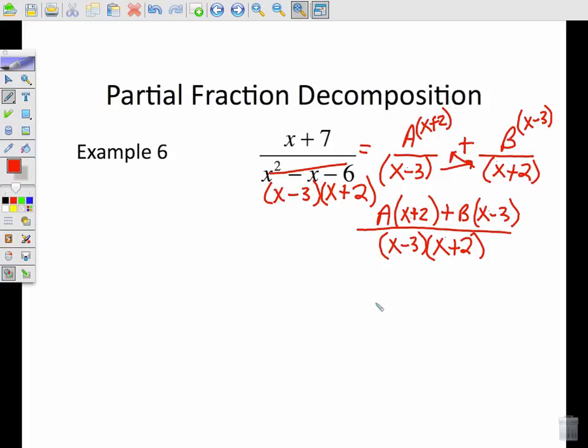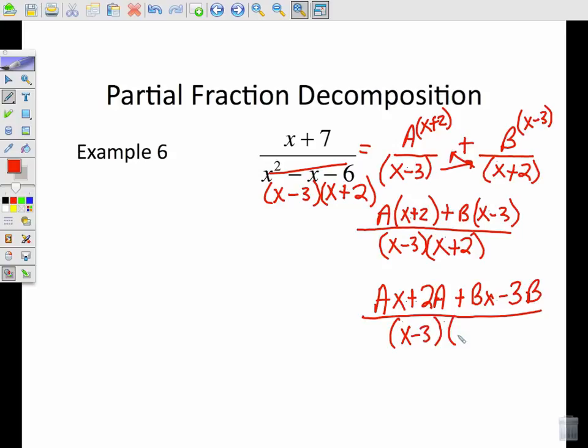What we're going to do is go ahead and distribute the top, and so we've got ax plus 2a plus bx minus 3b. Now, this is all over our common denominator of x minus 3 times x plus 2.